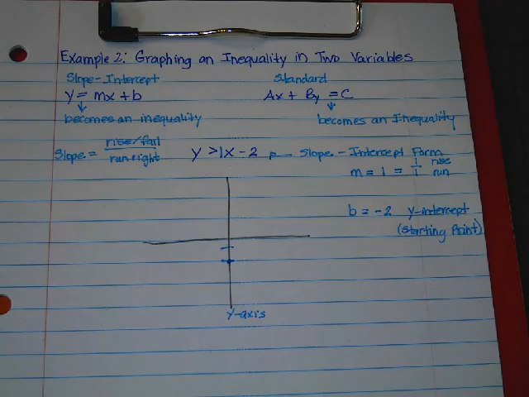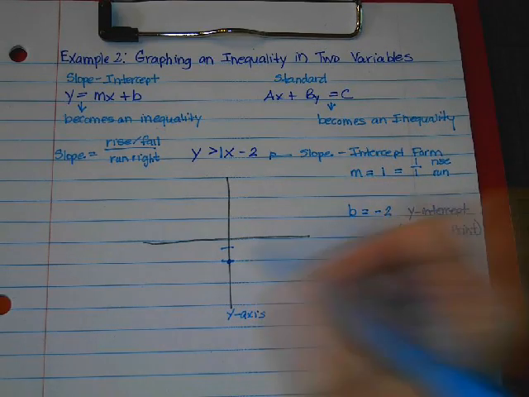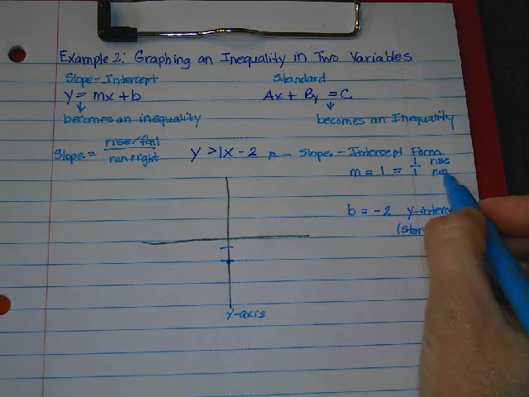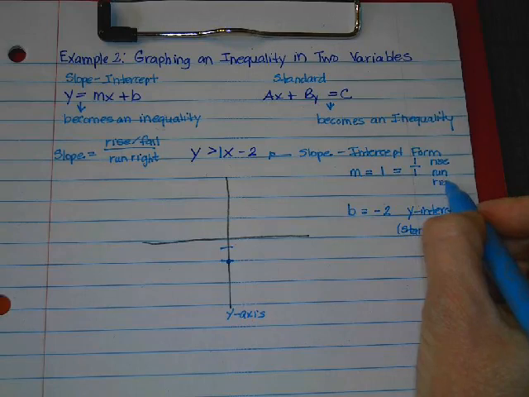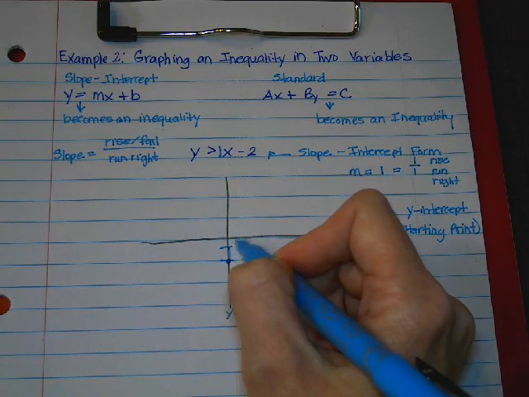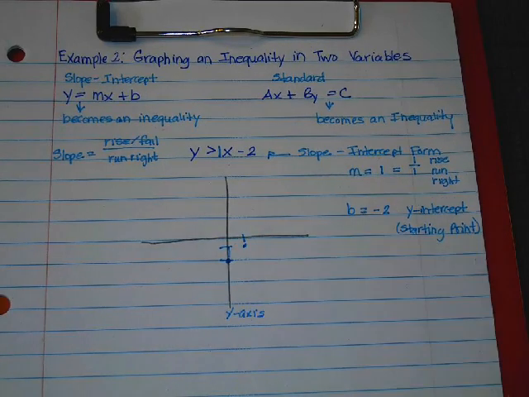From here, you will apply your slope. So from this point, we will do what the slope says. Rise 1, and we're going to run right 1. So rise 1, so go from here to here, go up 1, and then we'll go to the right 1.